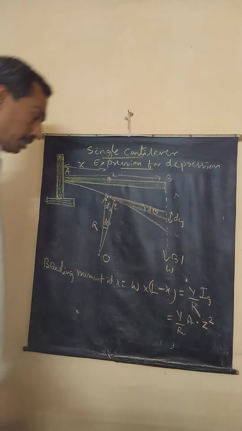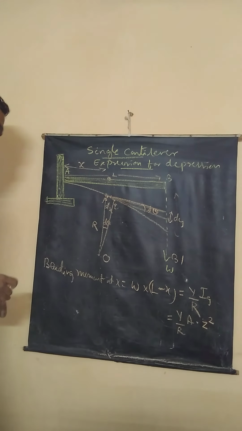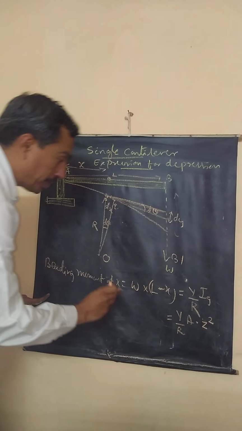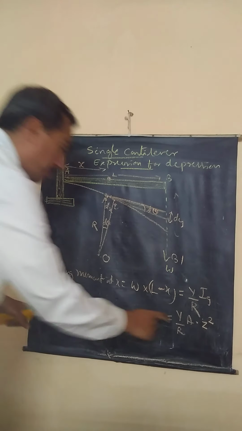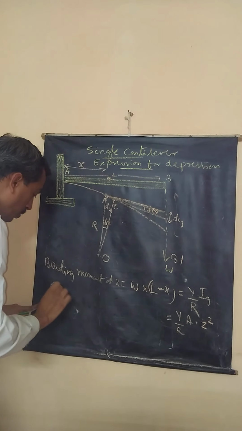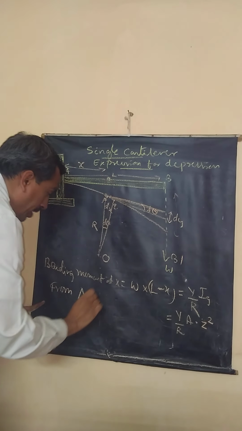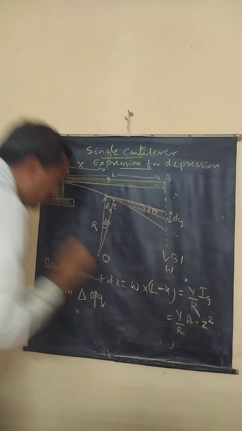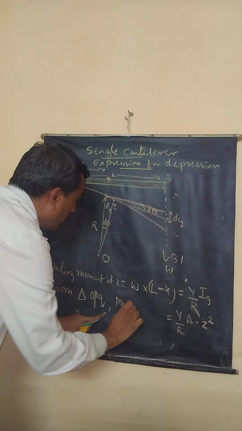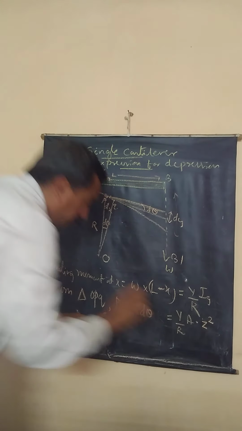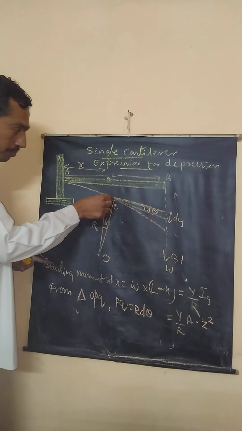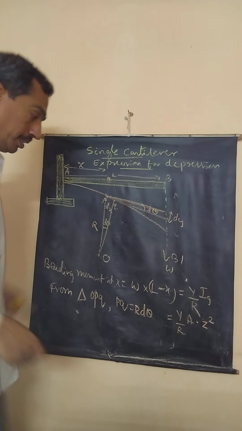Z is the radius of gyration. Now, the next step is we will take the expression for 1 by R. Look at this triangle OPQ. From triangle OPQ, PQ is equal to R d theta.